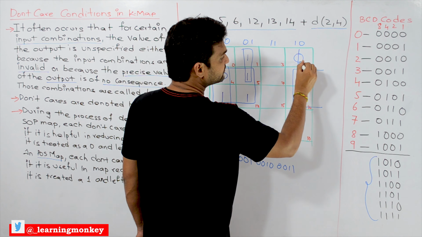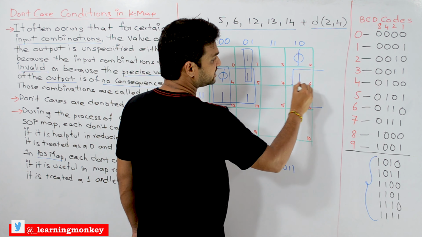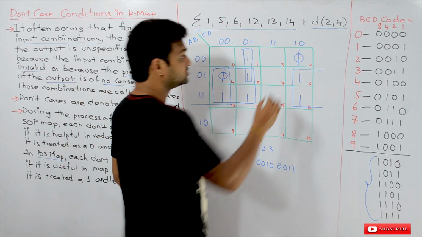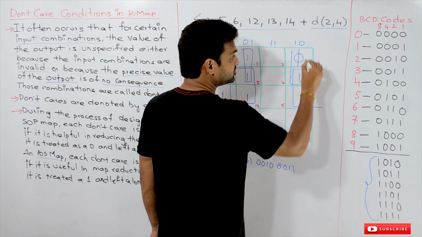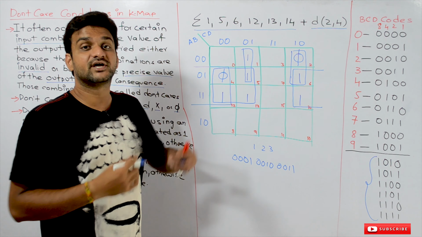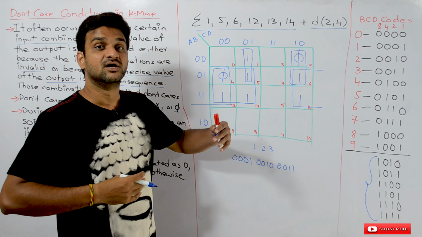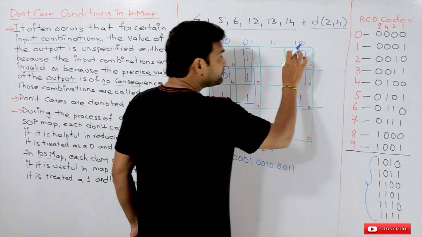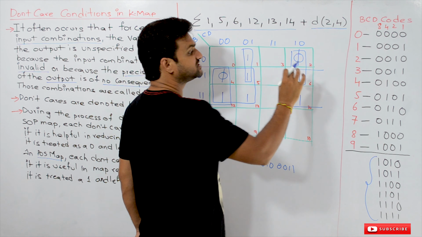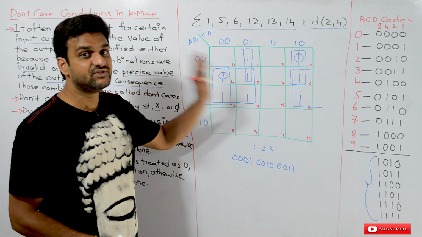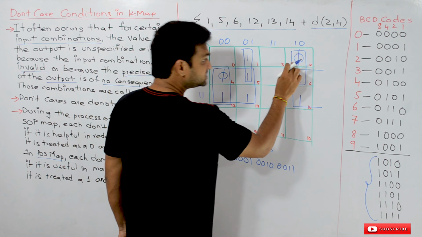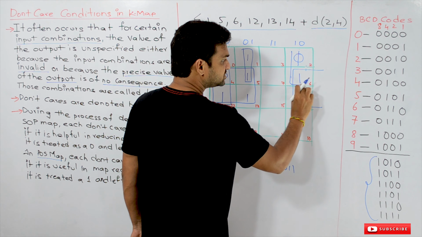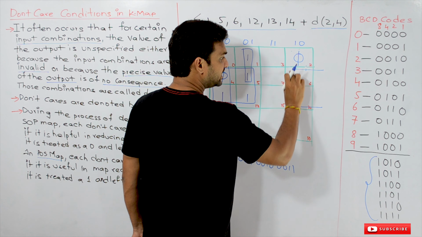With this don't care, we don't have any use. There is no need to create another subcube for it. It is possible to create a subcube like this, but it is of no use. We are creating extra burden, so the simplification will not be minimal. If the don't cares are not useful for simplification, just leave them alone.